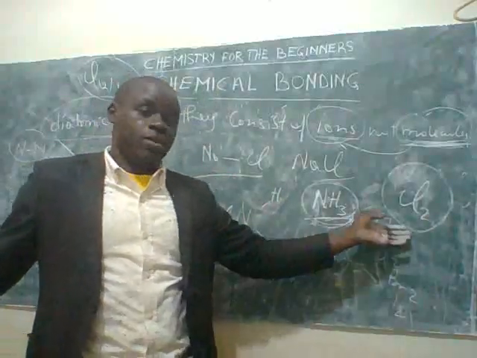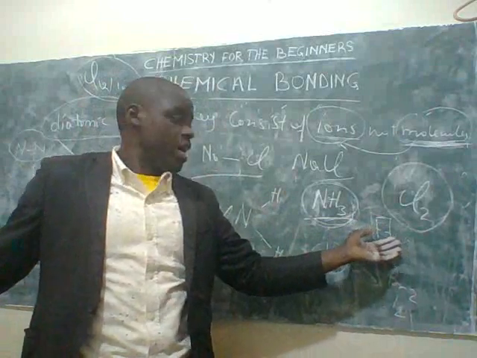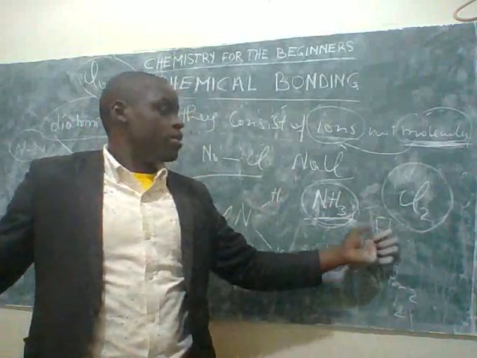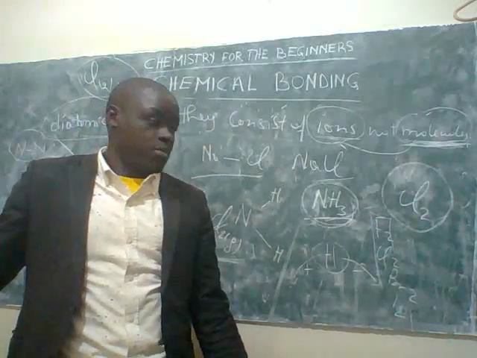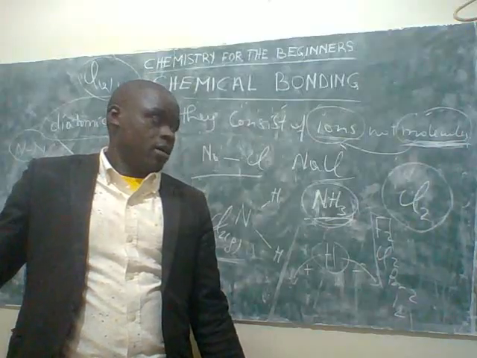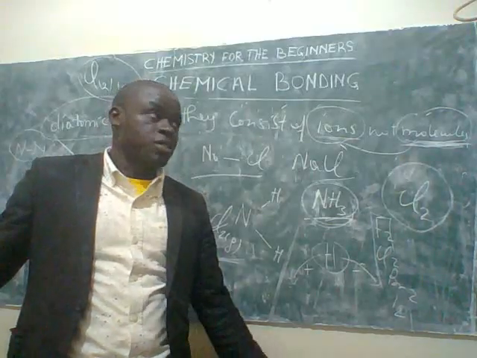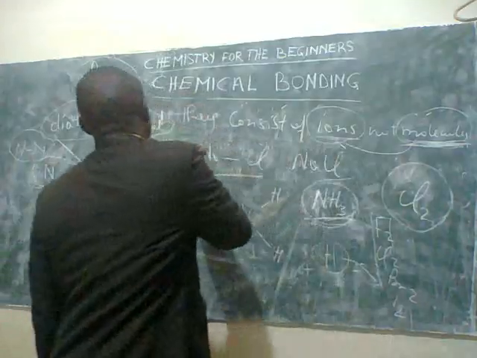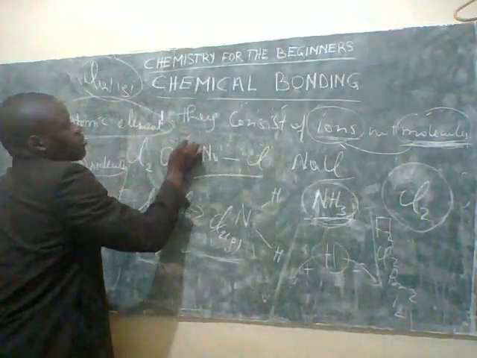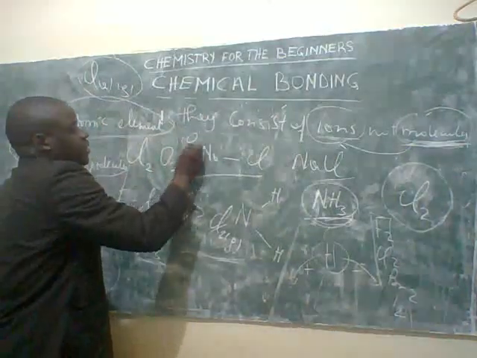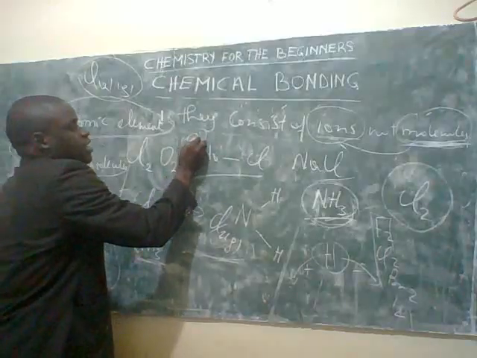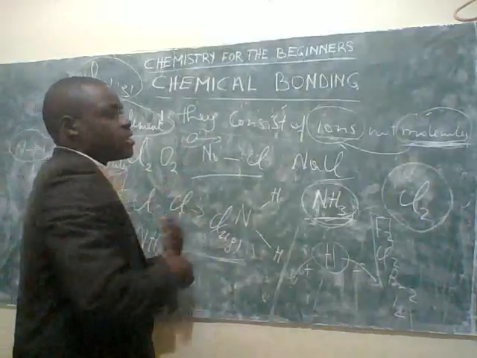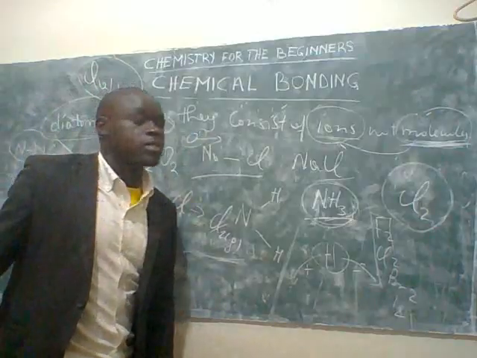In the periodic table, many nonmetals are diatomic. Even oxygen. You will not write oxygen as a single atom. It doesn't exist like that in nature, except when it is involved in reactions.